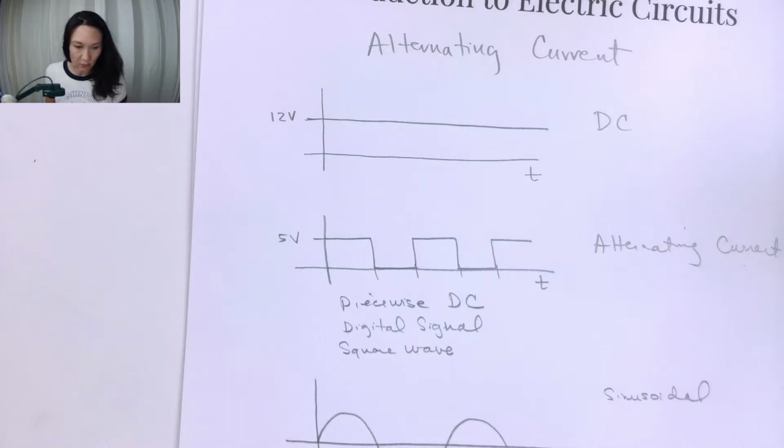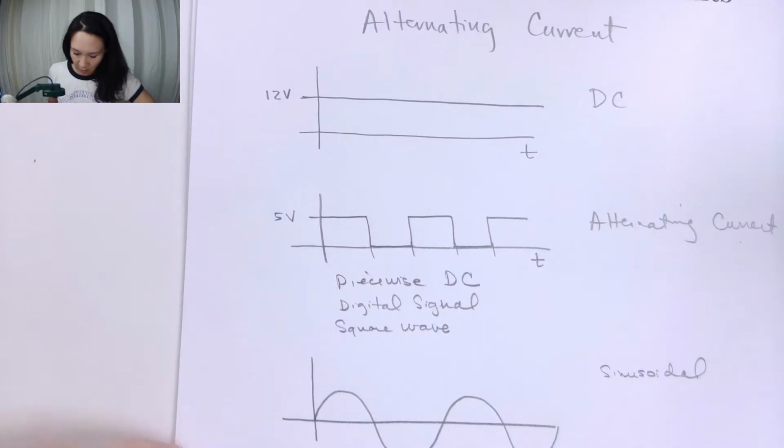And we can actually make any periodic signal from a sum of sinusoids, which I'll talk more about when you get into Fourier analysis. But it's really useful to be studying alternating current when it's in sinusoidal form like this. So this is a sine wave.